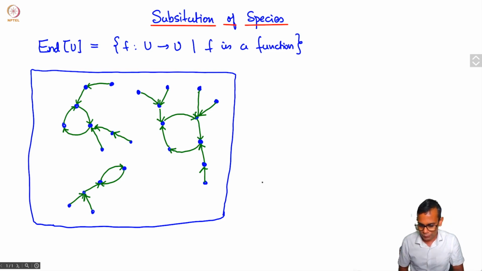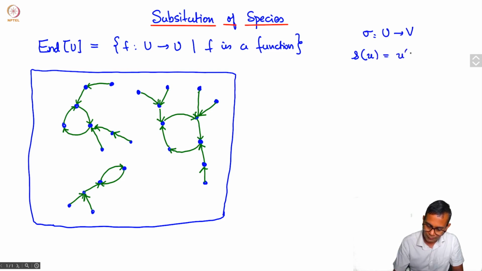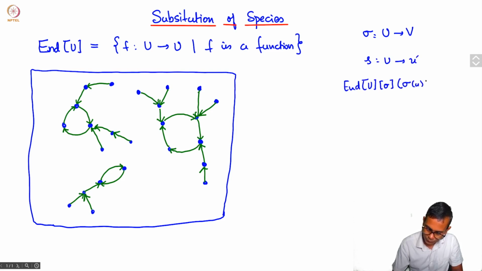And transport of structure, I think I explained it earlier, but if you have sigma from U to V and s takes U to U prime, then s sigma takes sigma U to sigma U prime.